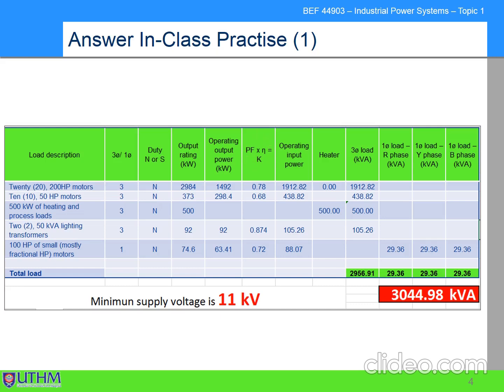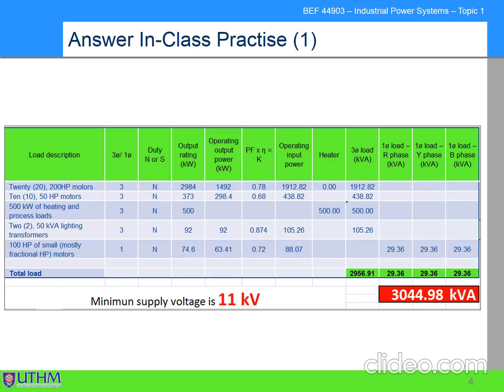Next we go to the last load, 100 horsepower of small, mostly fractional horsepower. This means that we have to divide all the load into single phase. So convert 100 horsepower to kilowatt by multiplying with 0.746. Then we get 74.6, but only 85% are running, so the value is 63.41.